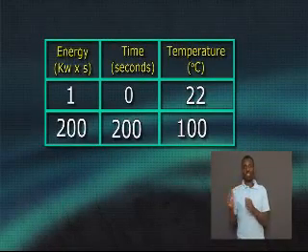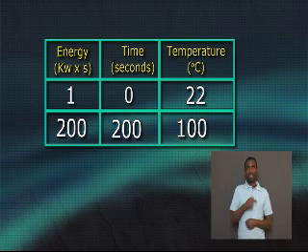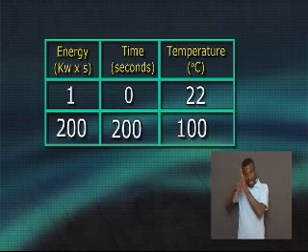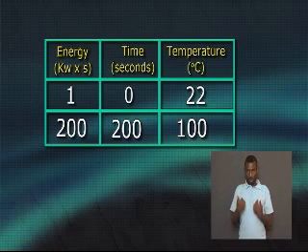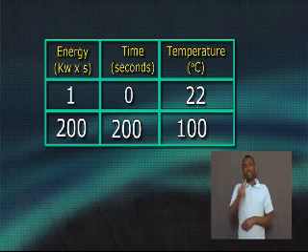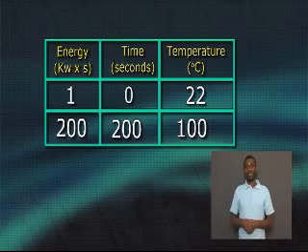Since we know that 1 kilowatt times second is measured in joules, we can conclude that 200 kilojoules are required to bring the temperature of this mass of water to boil.